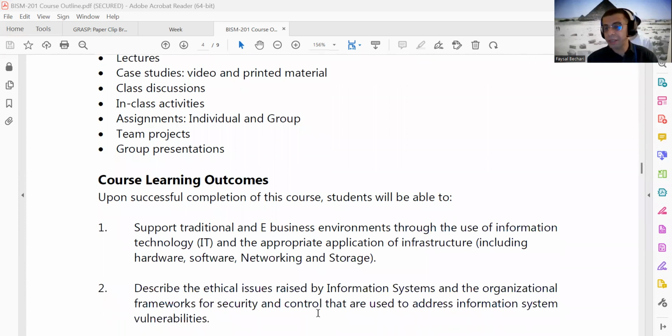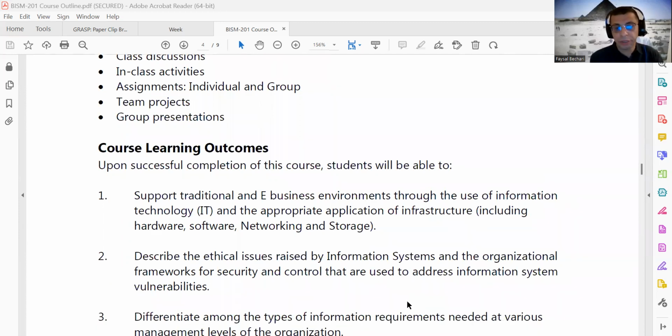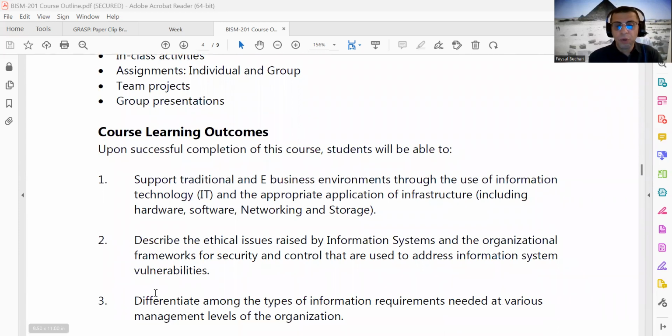We'll describe the ethical issues raised by information systems and the organizational framework for security and control that is used to address information vulnerabilities. We will differentiate among types of information requirements needed at the various management levels.